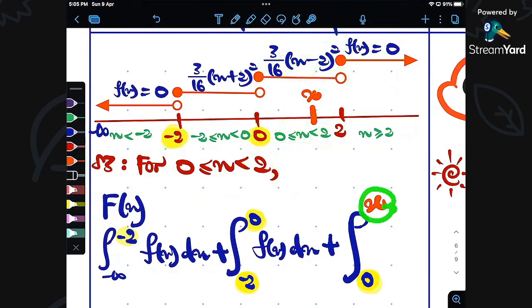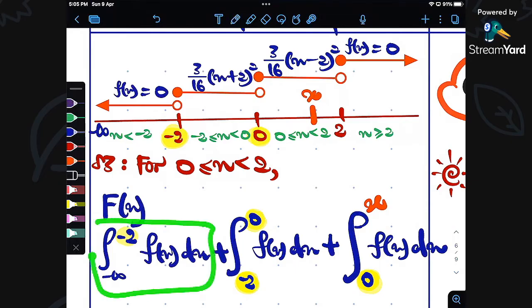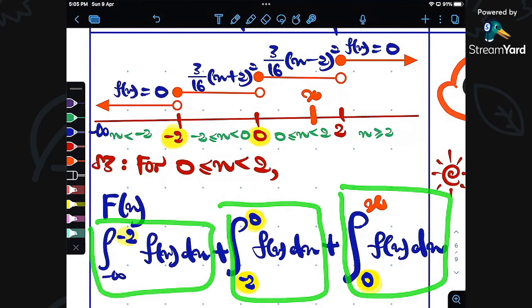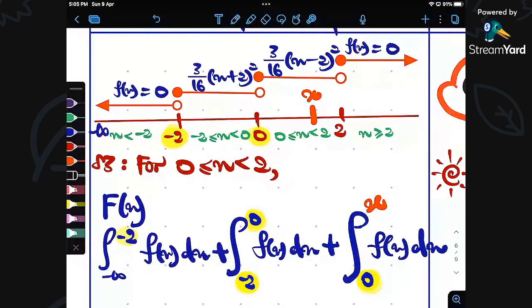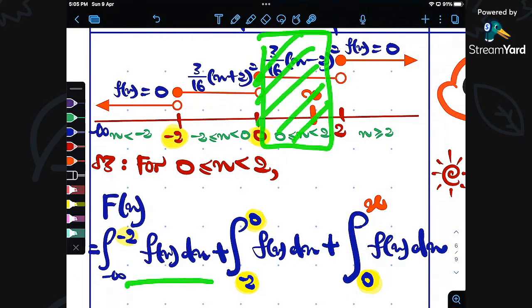That's why we must put the x, because of the definition of cumulative. And so don't forget to put the function fx. Therefore, we have 3 terms. Can you see here? 1, 2, and 3 terms. We must write it down for us to go to the next step. Make sure you know there are 3 terms for the third region.